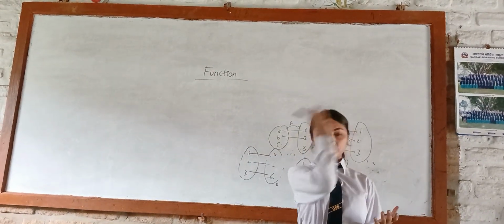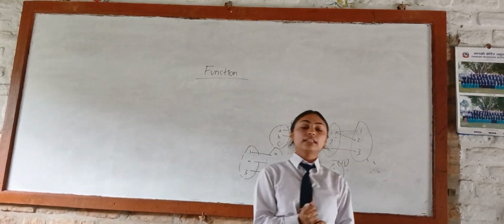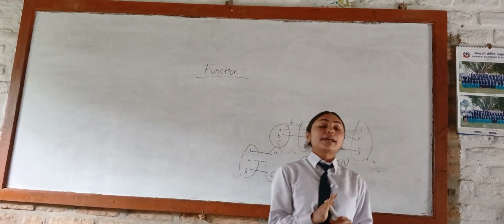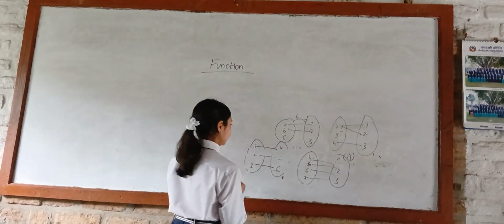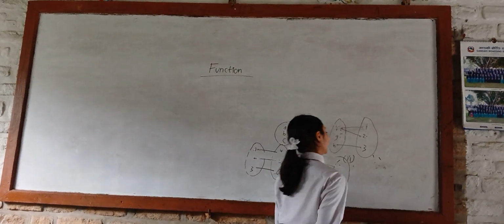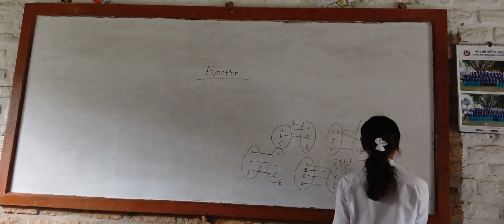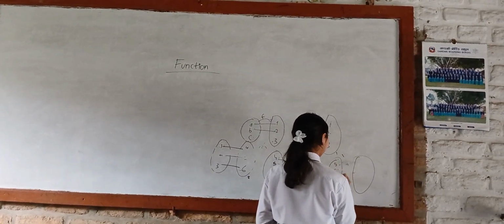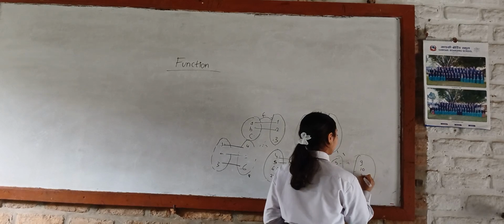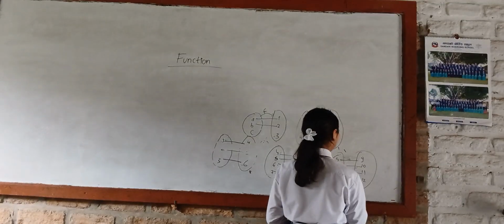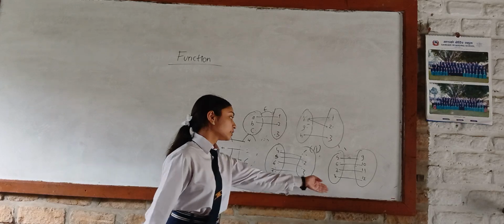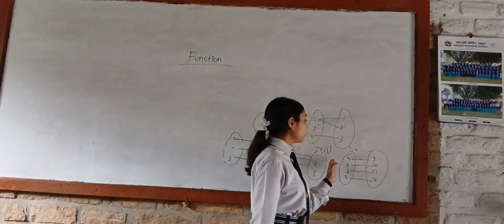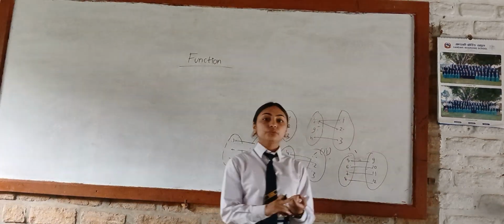If the function is both onto and one-to-one, then it is called a one-to-one onto function, which is also called a bijective function. For example, this function is a bijective function as it is both onto and one-to-one.